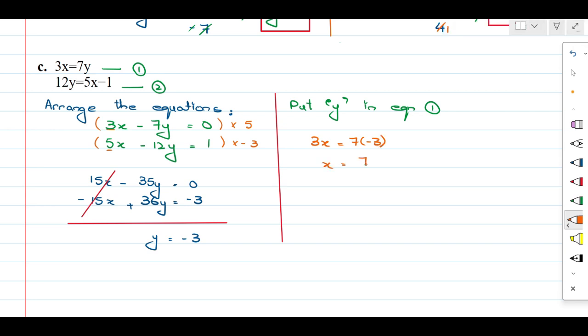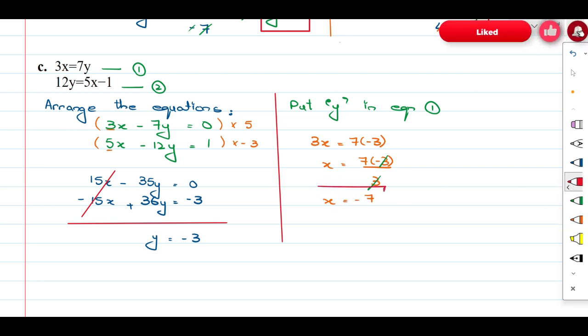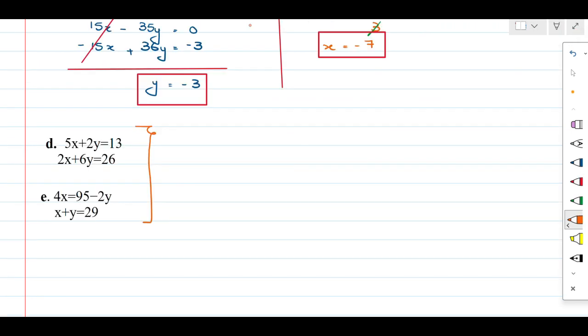So x is equal to 7 times minus 3 divided by 3. So you can easily cancel 3 with 3. You will get x equal to negative 7. So we got the solution for x and the solution for y. It has only one solution because both the equations are linear, so this is a linear system.